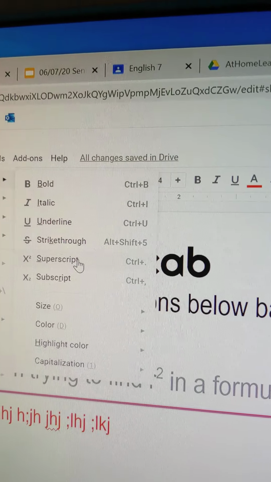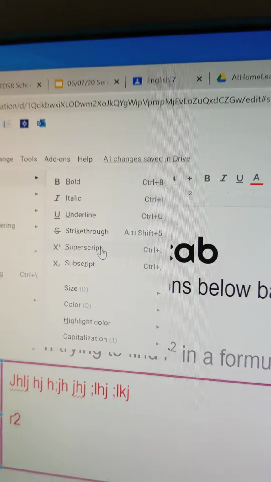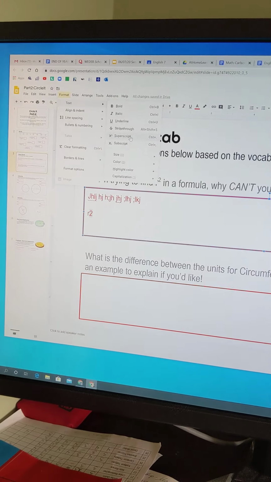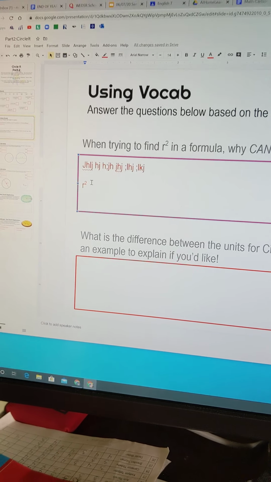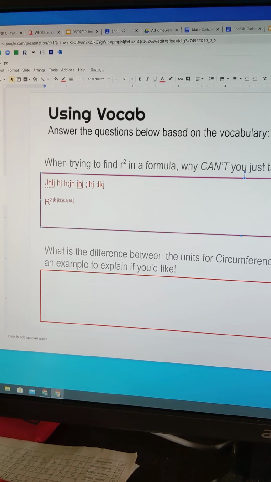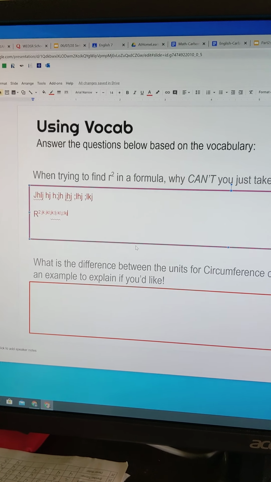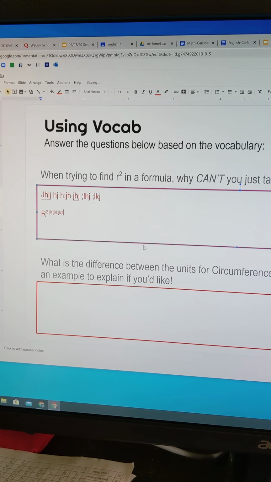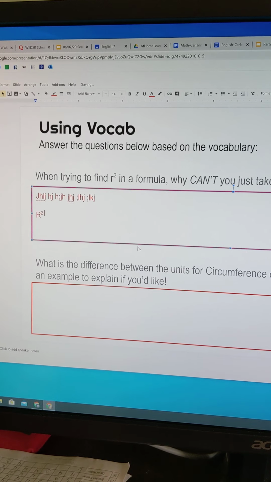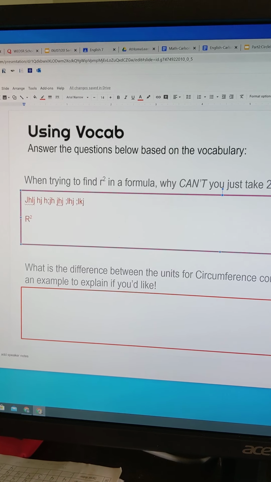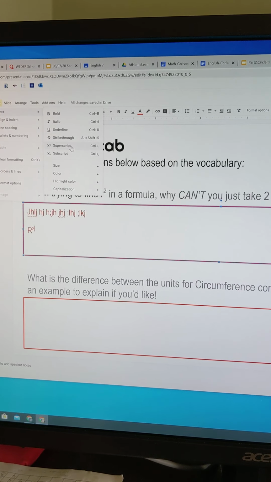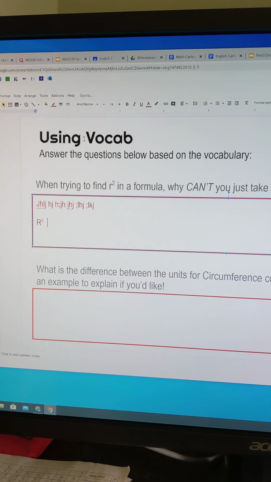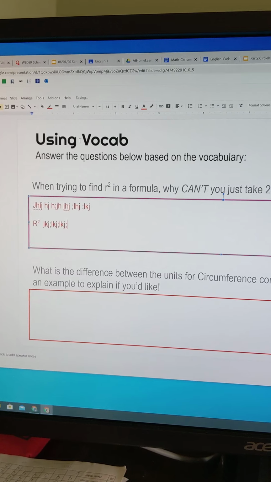I don't usually use the shortcut though. Look what happens once you do it. It goes up to where it is. Here's the problem though. It's going to assume that everything else you want to type is also in superscript. So we have to go back into text and click superscript again, and then you'll be able to type normal things.